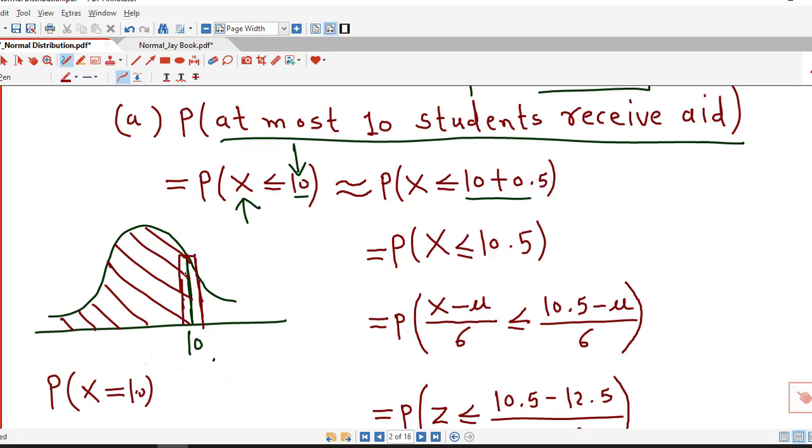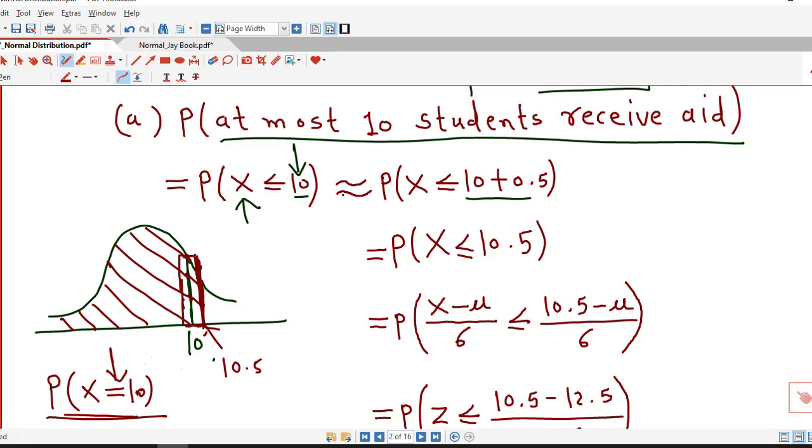So we have to include this rectangle, and we know that this correction is 0.5, so this point is 10.5. At most 10 means we have to go up to the right boundary of this rectangle, which corresponds to the probability that X equals 10.